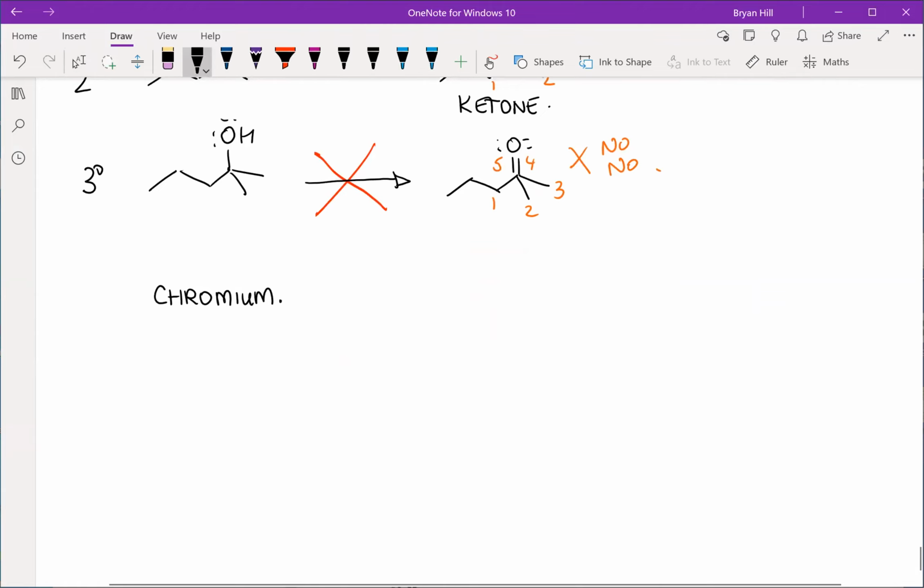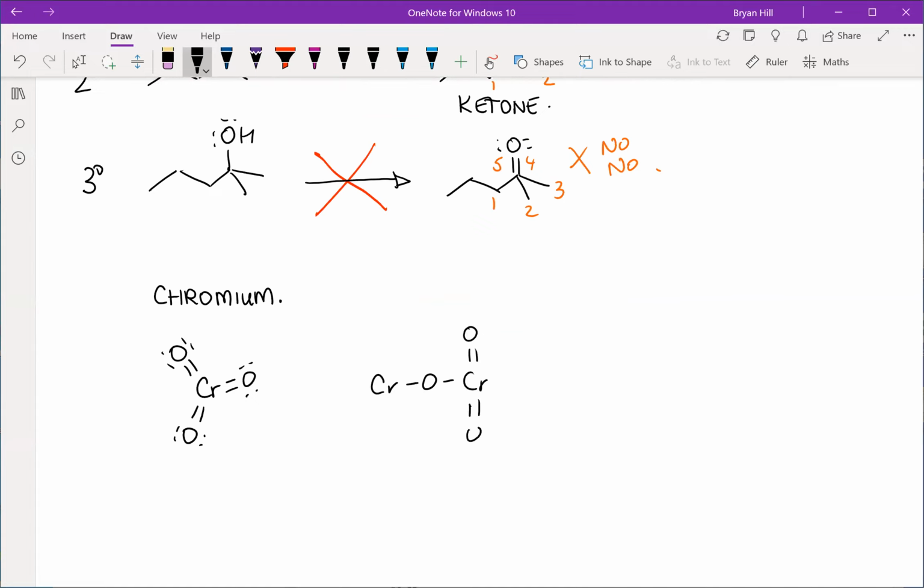So either chromium trioxide or something like this, dichromate.